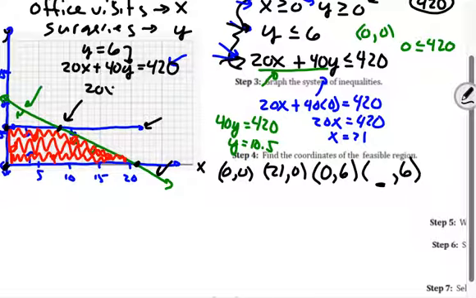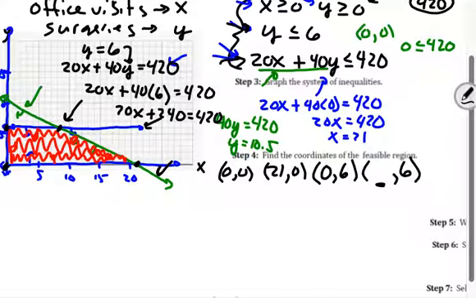What I mean by that is 20x plus 40 times 6, because you know y is equal to 6, equals 420. So 20x plus 240 equals 420. Subtract 240 from both sides and you get 20x equals 180.